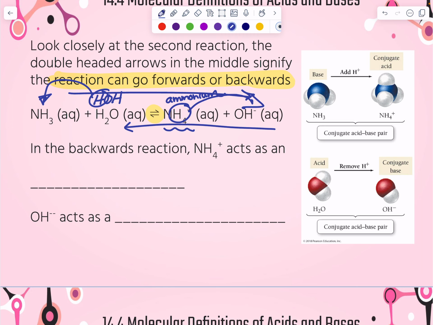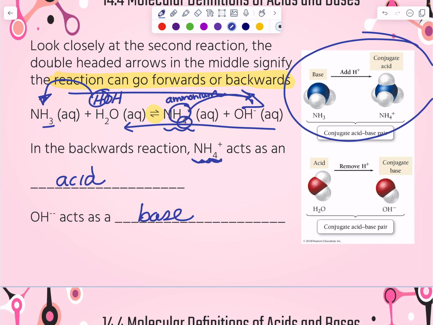In the backwards reaction, what does the ammonium do? Well, it gives a hydrogen, right? It has 4 and then it has 3. So it must have given its hydrogen ion. So what did it do? It acted as an acid. And OH minus acted as a base because it accepted the hydrogen ion. You can see that information is represented up there as well.